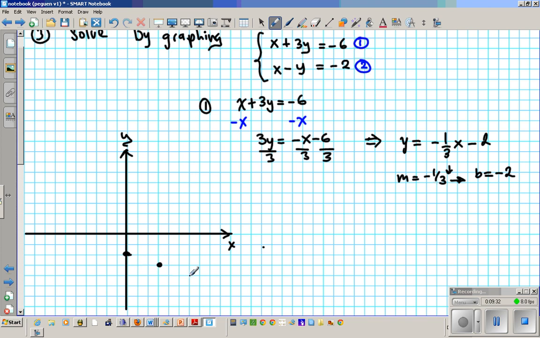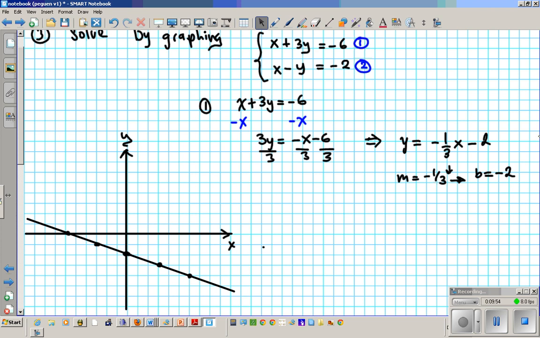Then go up 1, back 1, 2, 3. So you see all those points right there, okay? So let's make a line, connecting the dots. That's line number 1.